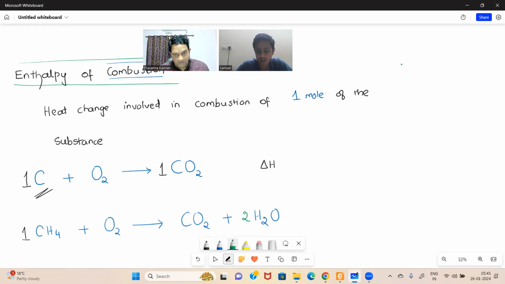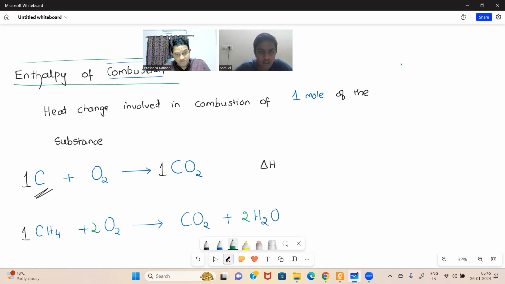So maybe we make it 2 moles here. So carbon is 1 carbon, 4 hydrogen atoms. How many oxygen atoms on the RHS? There are 4. So here there are only 2. So what do you do? Add 2 on the LHS. That's all. Now it's a balanced chemical equation, correct?